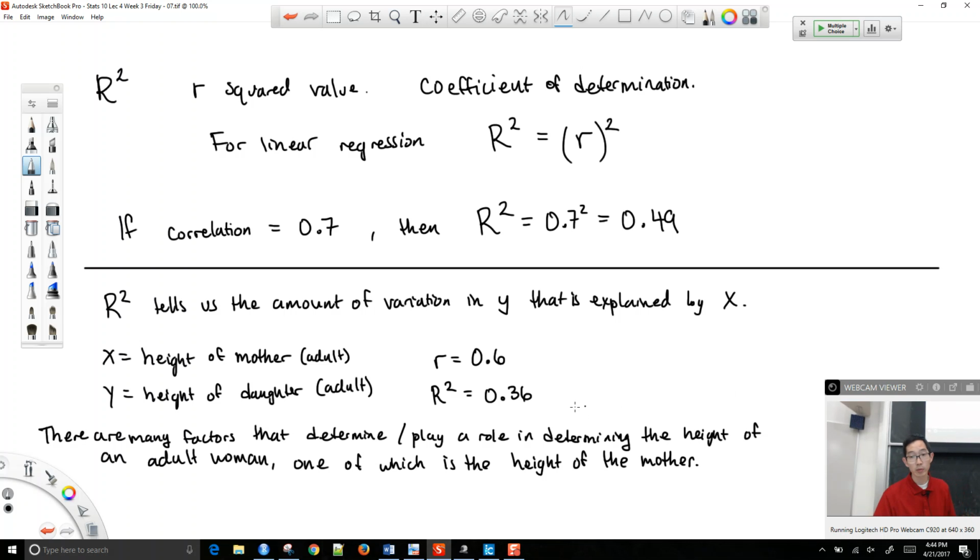And what we're saying is that 36% of the height can be explained by the height of the mother.